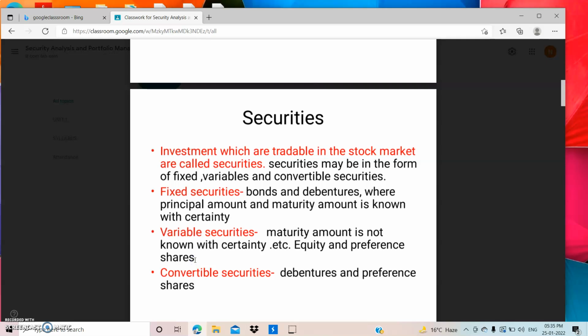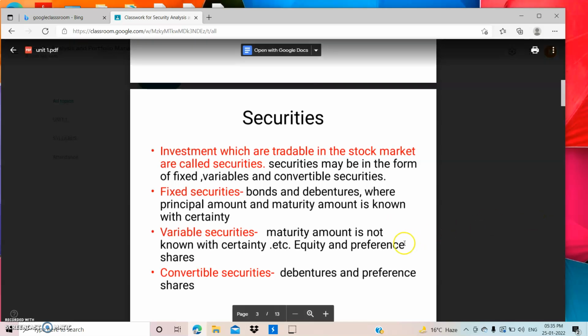Equity shares are never redeemed. The principal amount is never returned to the shareholder unless the company winds up, that is, whenever the company is closing. Only then do companies pay back the principal amount to the equity shareholders and preference shareholders.